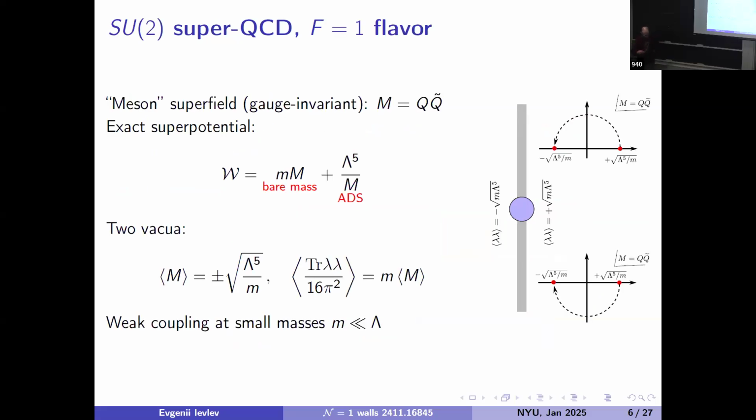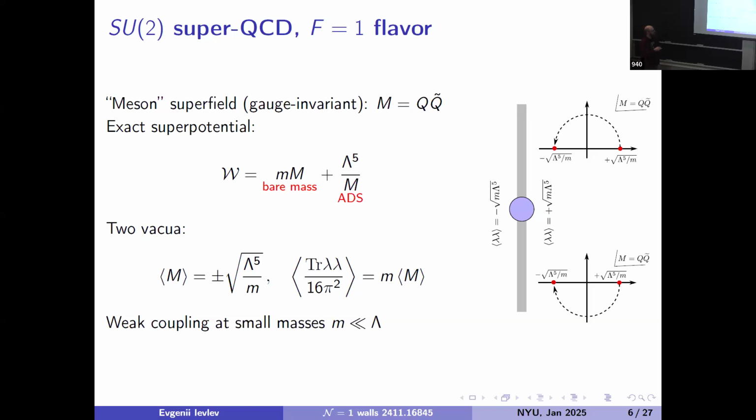Okay. These domain walls can even be seen at weak coupling. The simplest example is to consider SU(2) QCD with one flavor of quarks. First of all, you can introduce this so-called meson variable, which is basically the product of two quark variables contracted, so color indices are contracted.